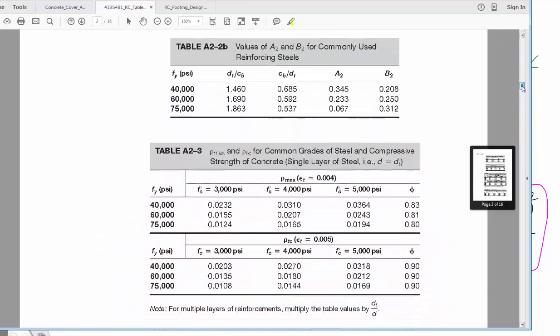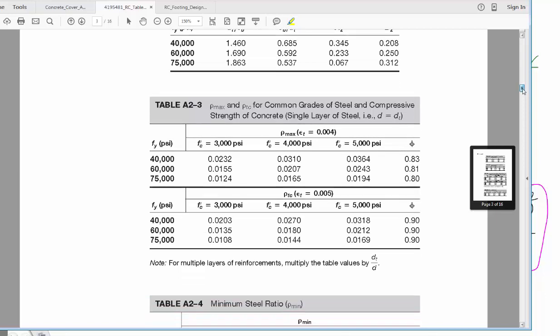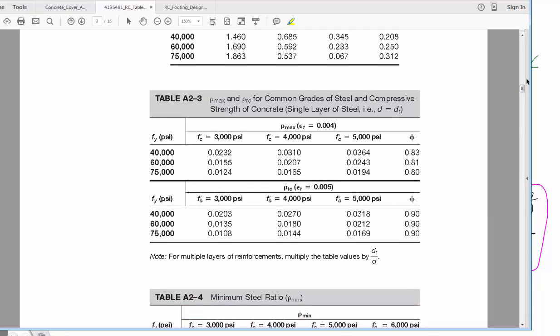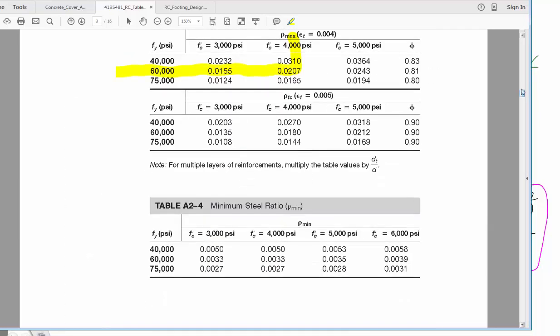Of course maximum doesn't apply, it always applies for minimum. So for 60,000 steel and 4,000 concrete is 0.0207. That is the maximum. We are not even near that one. We need to check the minimum.